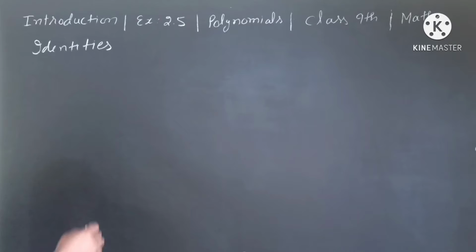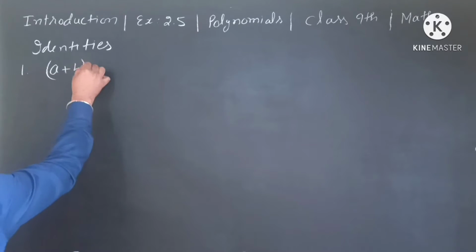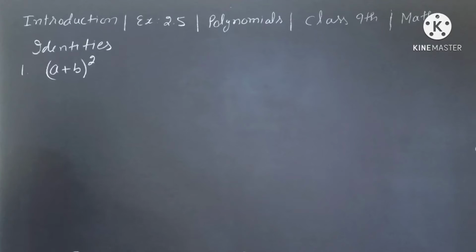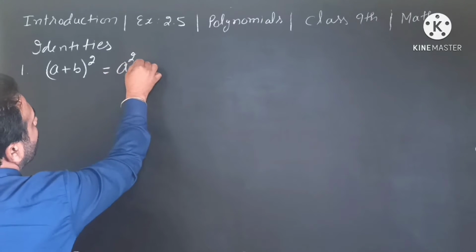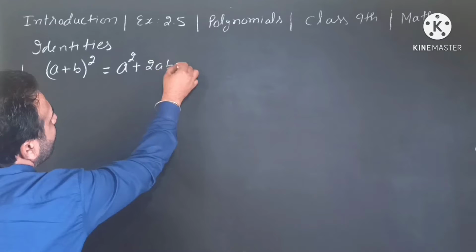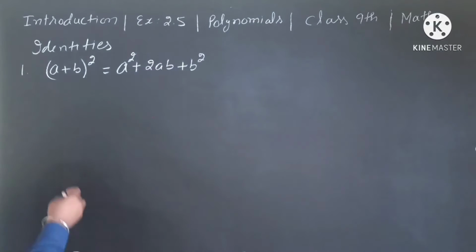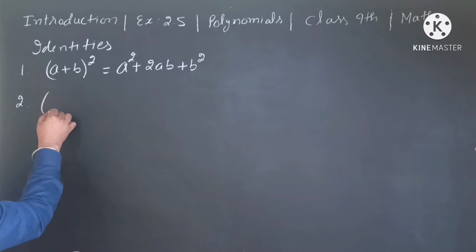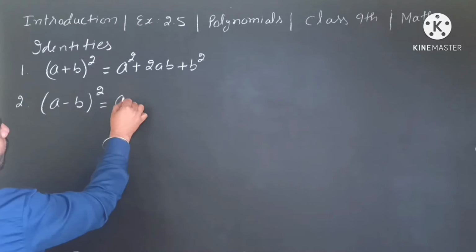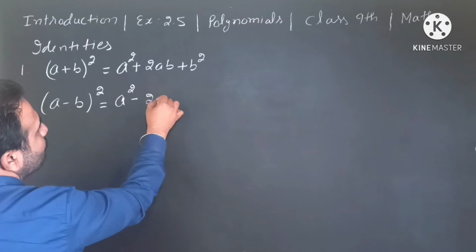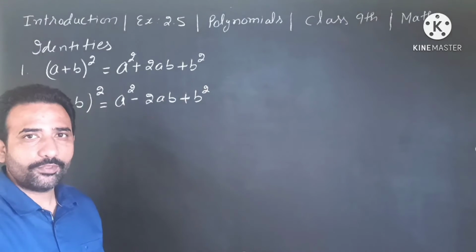First one is (a + b)² = a² + 2ab + b². Second is (a − b)² = a² − 2ab + b².